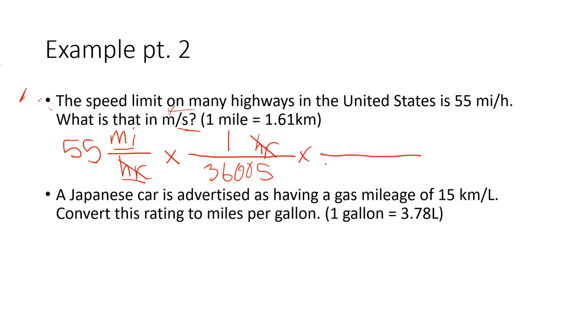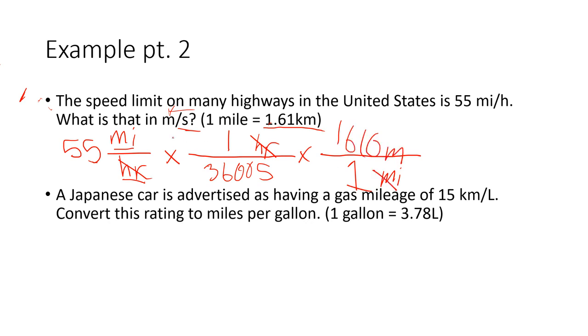Miles is on the top, and because we want to cancel out miles, we got to put miles on the bottom. Miles is the bigger unit, so I make miles equal to 1, and want to figure out how many meters are in 1 mile. Well, it tells you right here, 1.61 kilometers. So kilo means 1,000, so we got 1,610 meters.